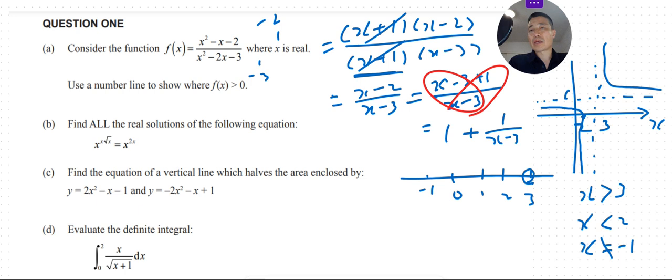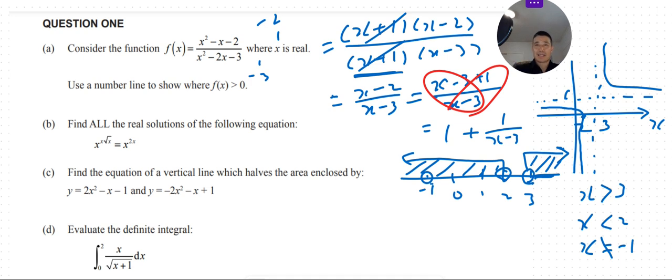Either you can make that part thick like this, or I would rather draw like this. That's obvious, right? So x should be greater than 3, and x should be less than 2. So I circle 2 because it's not inclusive. However, you have to circle -1 as well because x can't be -1. So that should be the right answer.